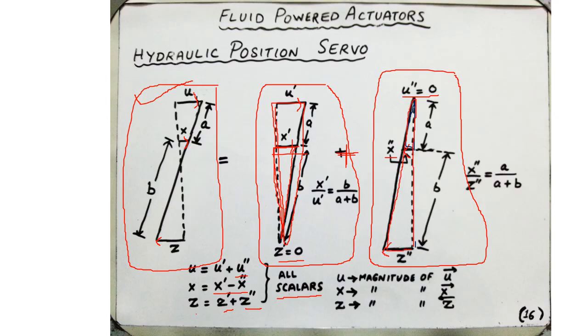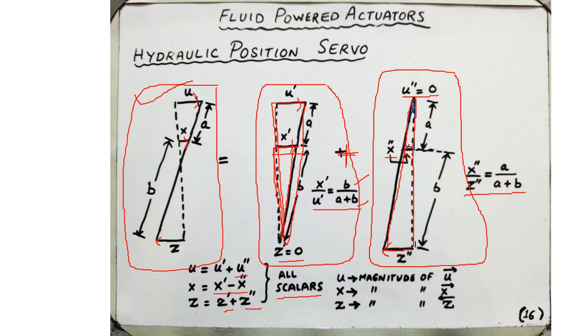Then the theorem says that the ratio of the corresponding sides of these right angle triangles must be the same. So that gives us these two expressions. X prime over U prime is B over A plus B, where X prime and U prime represent the dimensions of the corresponding bases of the right angle triangles, and these dimensions B and A plus B are the corresponding dimensions of their hypotenuses.